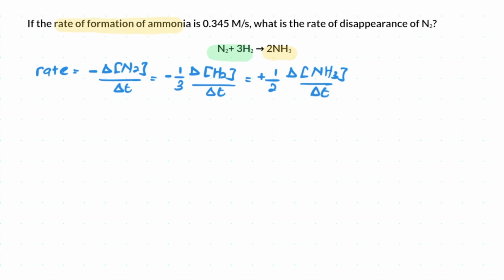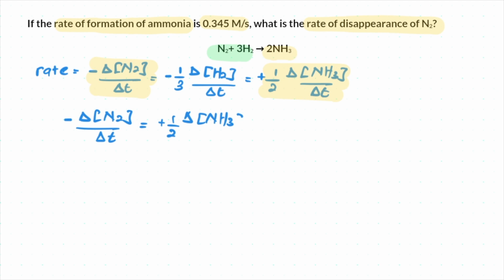If the rate of formation of ammonia is this much, what is the rate of disappearance of your nitrogen gas? So what we are going to look at is just this one and also the ammonia. So now I'm just going to write it again. Negative delta N2 over delta T is equivalent to positive 1 over 2 delta NH3 over delta T.